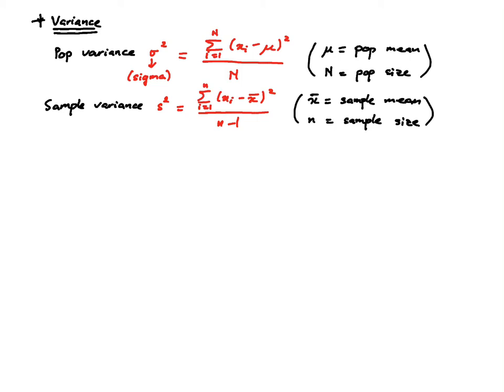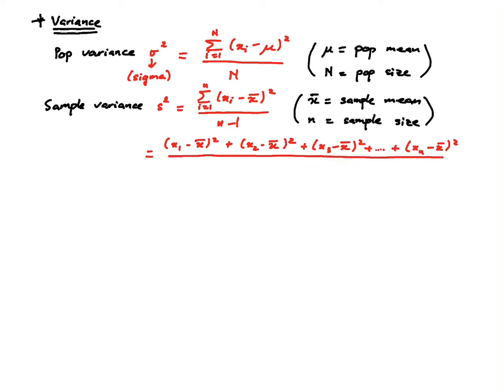If you remember the second important result from our discussion on summation notation, the numerator of this formula is going to be equal to x1 minus x bar all square plus x2 minus x bar all square plus x3 minus x bar all square plus all the way to xn minus x bar all square, divided by n minus 1.